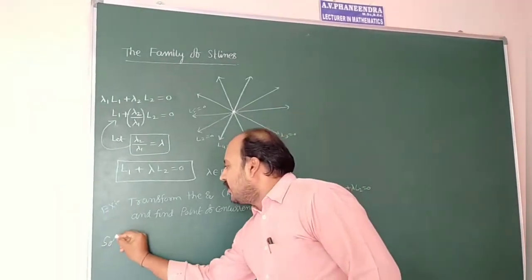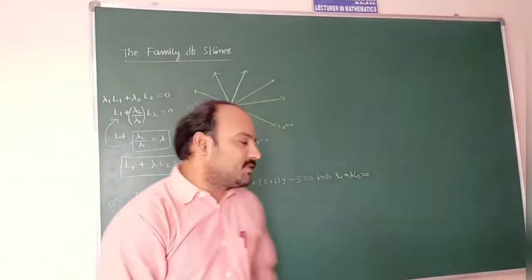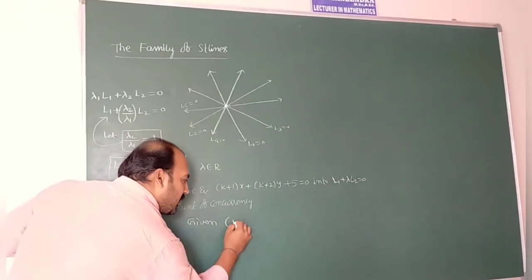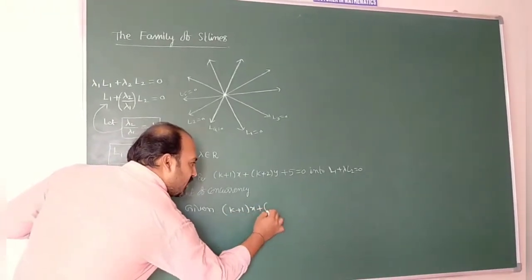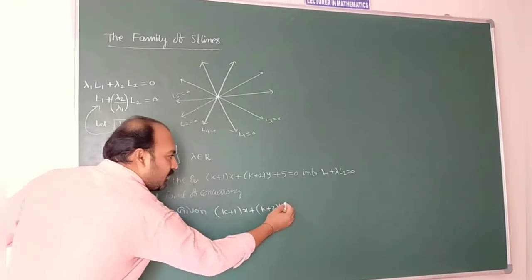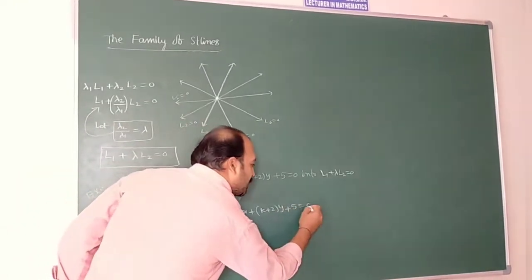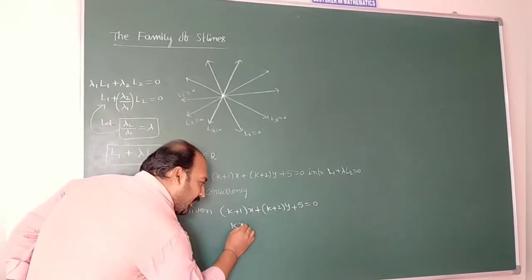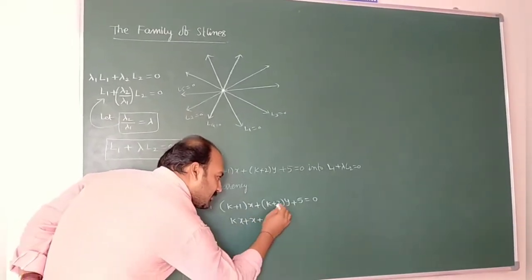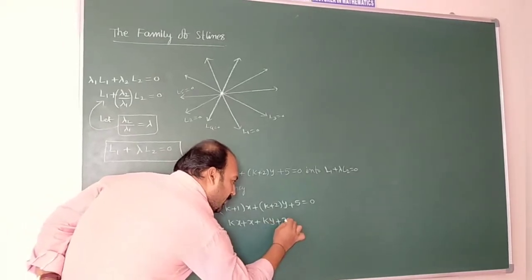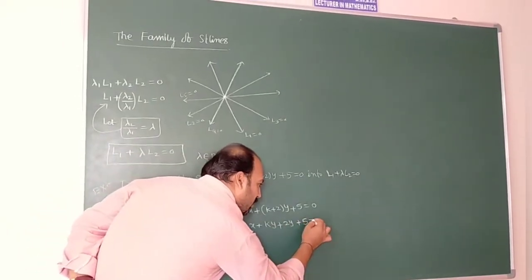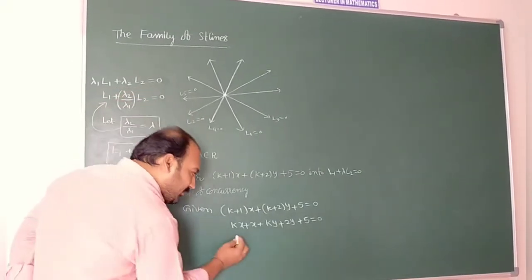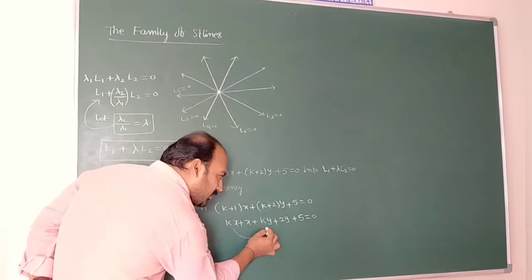First, given the family of lines (k plus 1) into x plus (k plus 2) into y plus 5 equal to 0, each and every term we multiply by x and y: kx plus x, ky plus 2y plus 5 equal to 0. After that, the terms containing k on one side, here a k term is there, here also a k term is there.